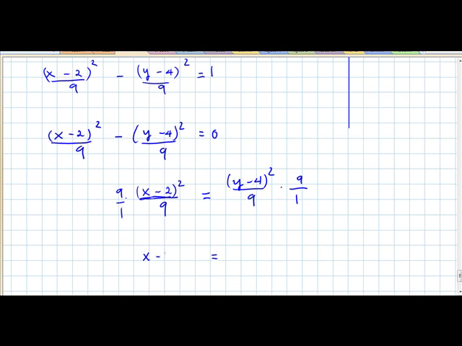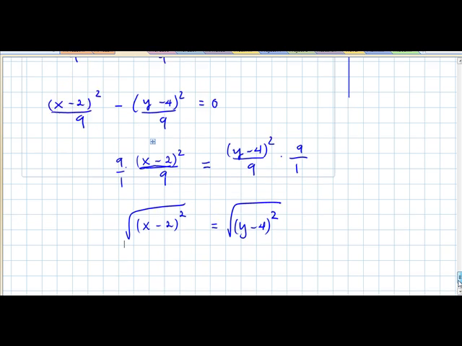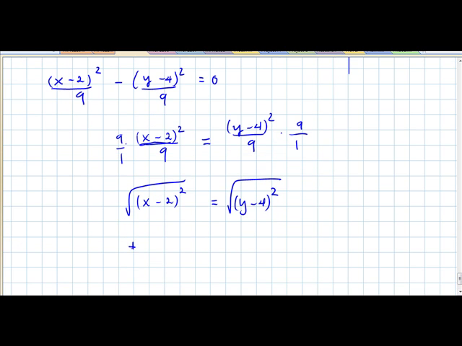So I have x minus 2 squared equals y minus 4 squared. To solve for y, I'll take the square root of both sides. So I have plus or minus, because I have 2 solutions for y. And then to solve for y, I add 4 to both sides.